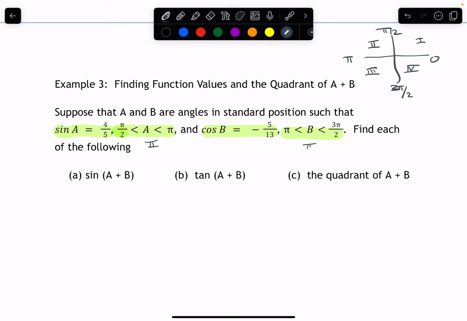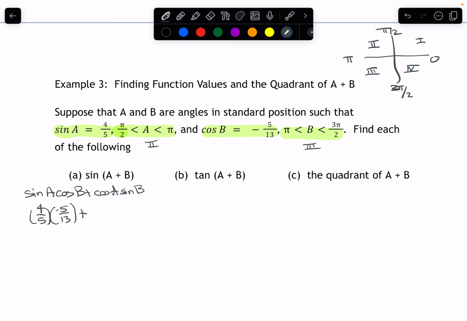Well, that places that into quadrant 3. So sine of a plus b, of course, is sine of a cosine of b plus the cosine of a times the sine of b. Sine of a we know, we're given that it's 4/5. Cosine of b, we know, we're given it's negative 5/13.